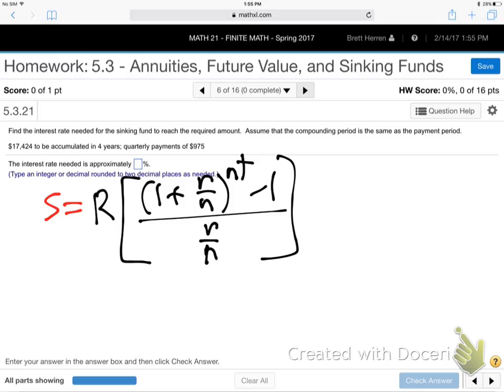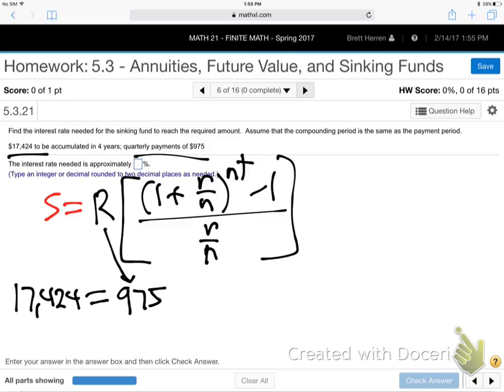Okay, so they're saying you want 17,424 accumulated. That's the S, right? That's the sum, the total of all the payments made into the big old account, to be accumulated in 4 years. Quarterly payments, 975. That's the R. The R is the payments. Everybody good with that? 1 plus little r. Oh, that's what we're trying to find. We don't know little r. That's the interest rate. That's what they're asking us for.